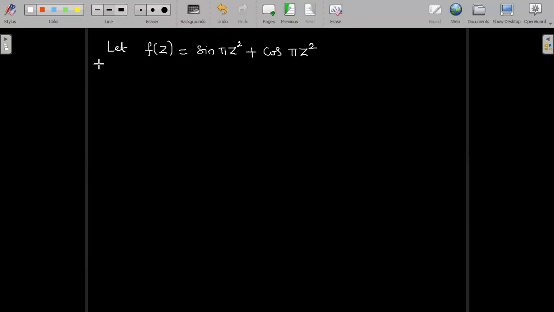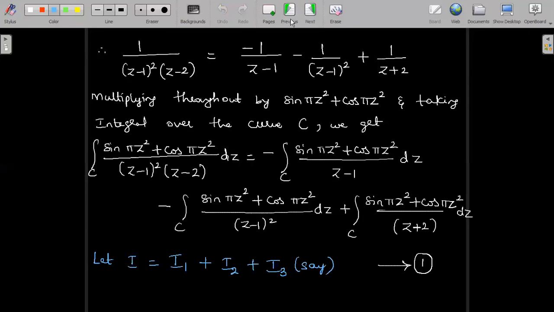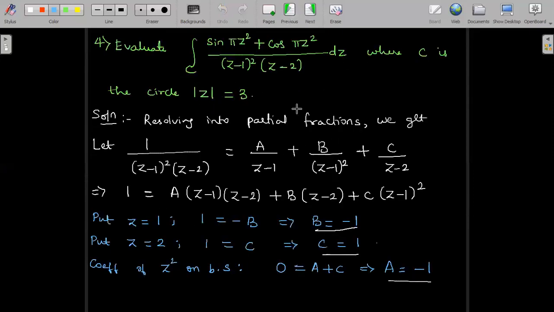Now let us talk about the given circle and check whether the points lie inside the given circle or outside it. The given circle is mod z equal to 3. Correct, no? Till now we didn't talk about anything about this.